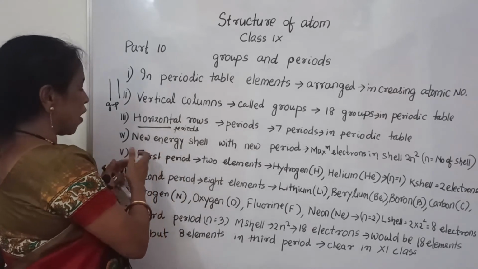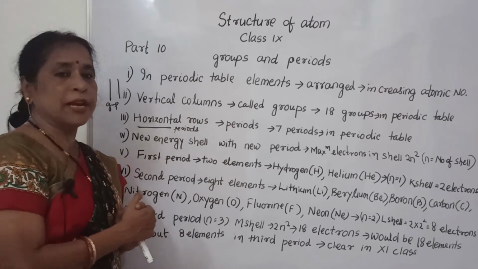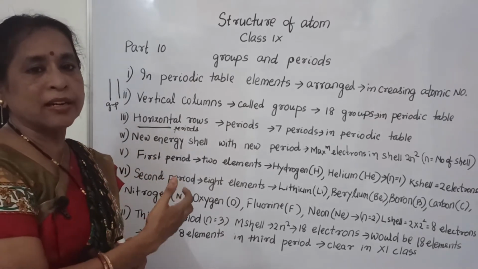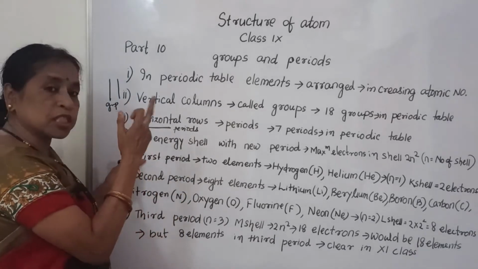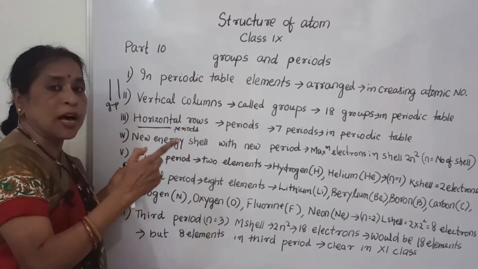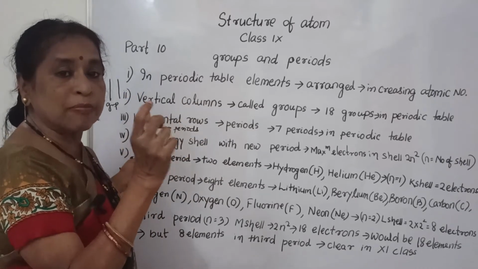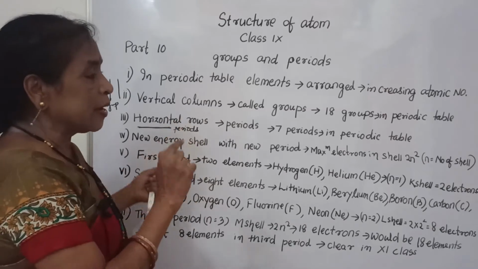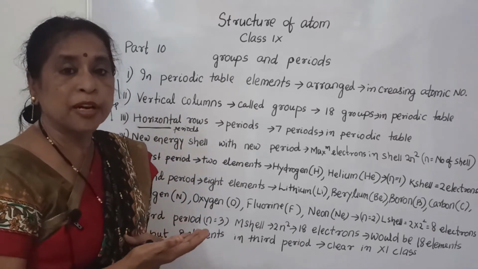Now you come to the first period. What is the first period here? First period means it contains 2 elements. The question is, why does it contain only 2 elements, not more? Because, as I told you just now, first period means n equal to 1. n equal to 1 means the shell is K. For the K shell, what is the formula of the maximum number of electrons? 2n square. If 2n square and n equal to 1, what is the maximum number of electrons? 2.